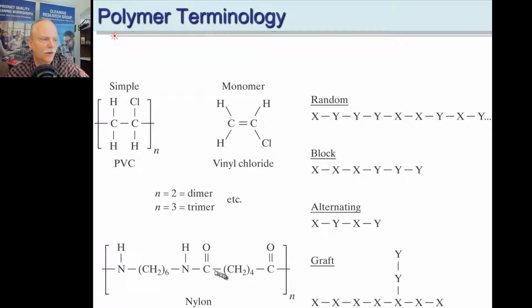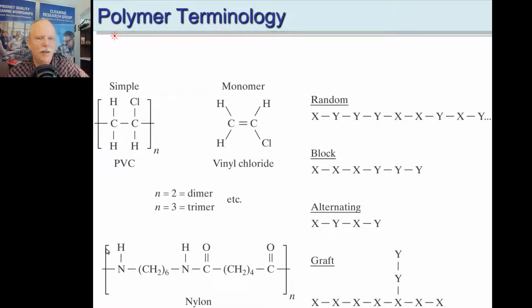So it's 4 in the middle, but then these 2 carbonyls on the end. And so these carboxylic acid groups can join together with amine groups with the loss of water. We call that condensation polymerization. And by the chemistry of this having 2 amines, it can only join with the acids. And so this has to be an alternating polymer that has the amine piece and then the acid piece, and then another amine piece and another acid piece.